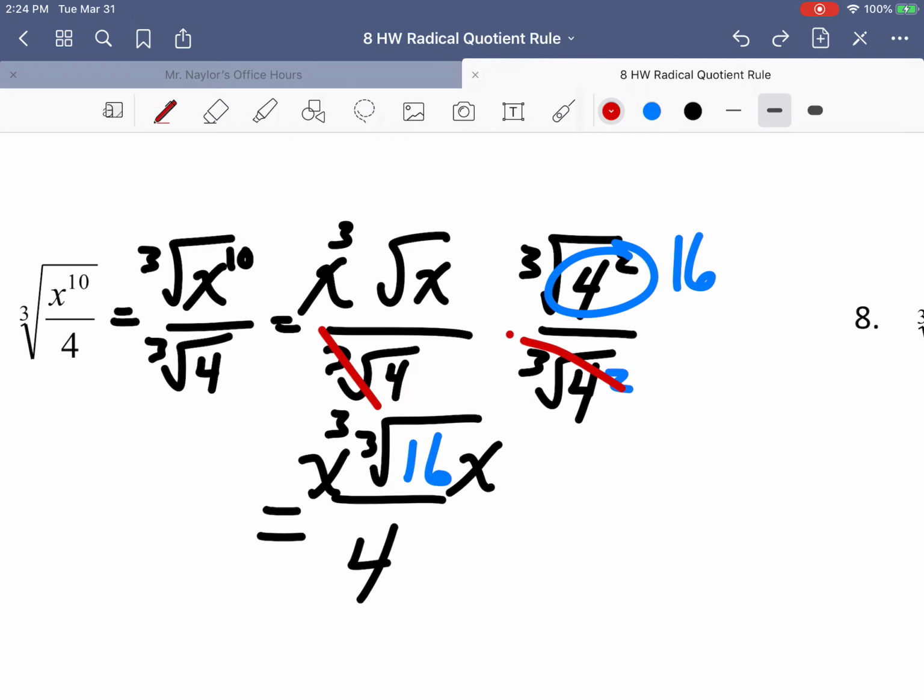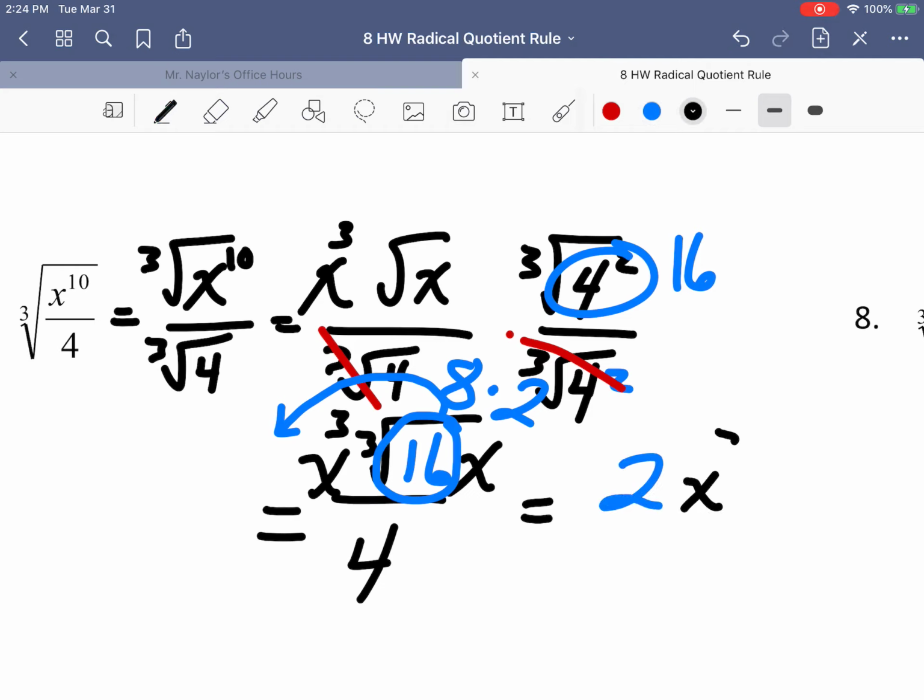It's not done yet because if you look a little more closely, this 16 has a perfect number inside of it that's able to come out. And it's the number 8. You can think of 16 as 8 times 2, and you can take that 8 out. And when that 8 comes out, it's going to turn into a 2. So I split up 16, I take the 8 out, it turns into a 2, because that's the root of 8.